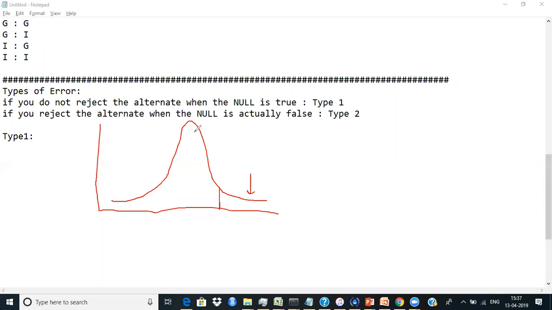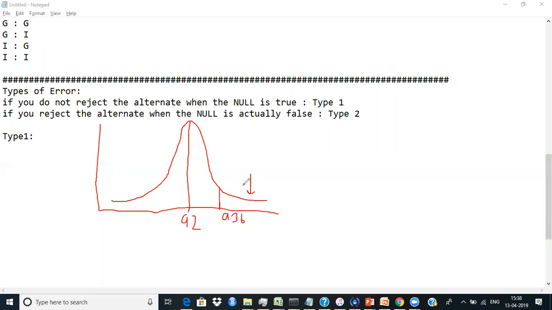For example, in the case of oil prices, we constructed this distribution assuming a mean of 92. We got a test statistic of 93 point something, 93.6. Since the area to the right of 93.6 is very low, we say the mean is probably not 92 at 5% significance.